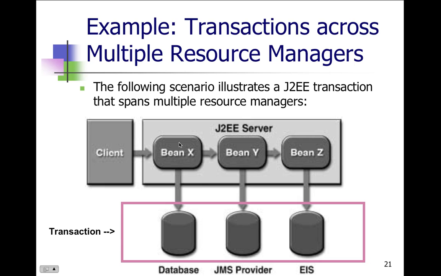It's a connector, connecting the JDBC component to the database. And then we have the resources down here: a message provider, an enterprise information system, and a database. We're using beans as connectors to provide the resource management for each one of the resources, and the client is connecting to the resource managers.